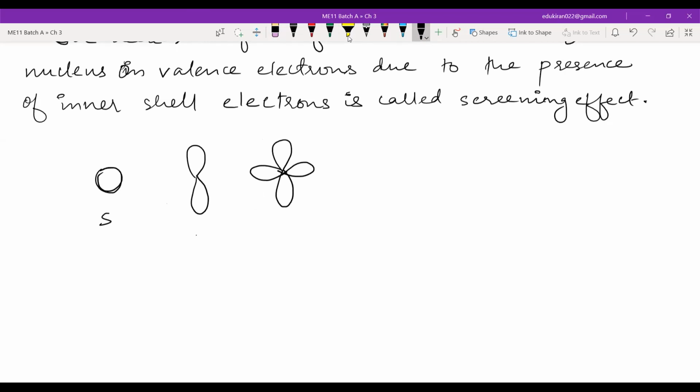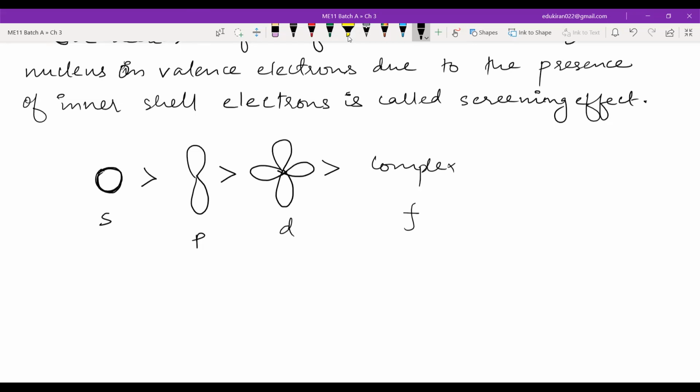This is p, this is d, and this is f. Now what do you think is most diffused here, s, p, d, or f? S is most compact, then p, then d, and then f.